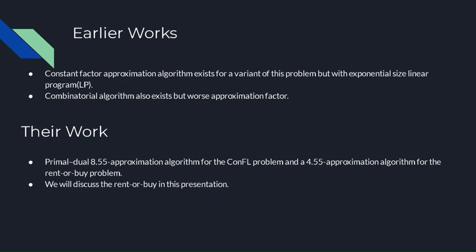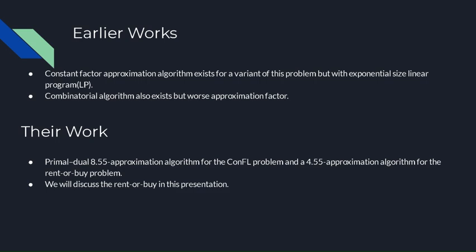Now let's come to the earlier work that has been done on this kind of problem. There already exists a constant factor approximation algorithm given by other people, but the number of constraints in this kind of problem is exponential in nature. Another one is a combinatorial algorithm, but the approximation factor is even worse compared to the LP solution, the first one that I mentioned.